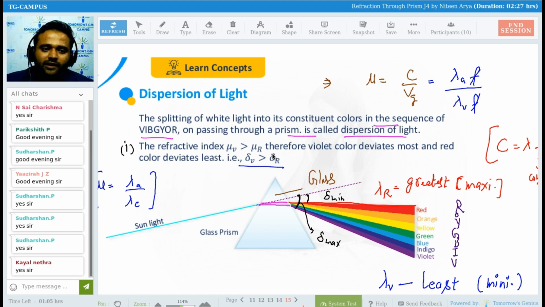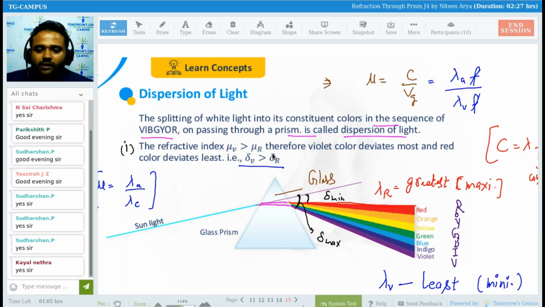Now the options are: the first statement is correct, the second statement is correct, the third statement is correct, all the statements are correct. At that moment you need to know all this, because how can you say a particular statement is correct unless you know this simple thing? Clear, everyone?